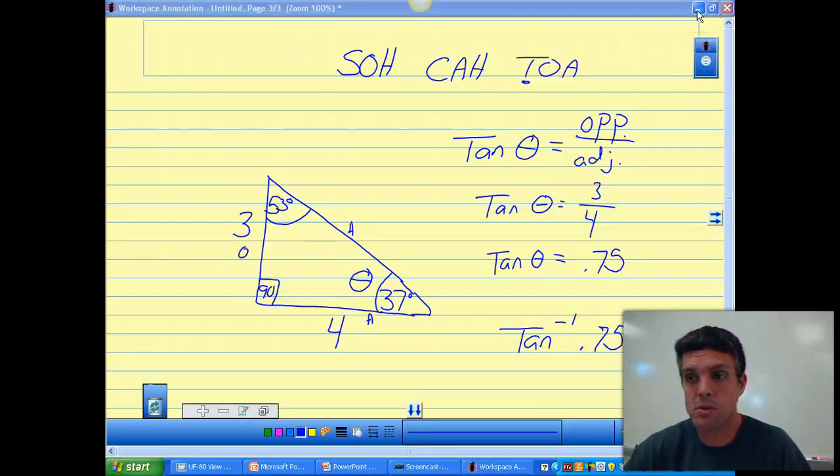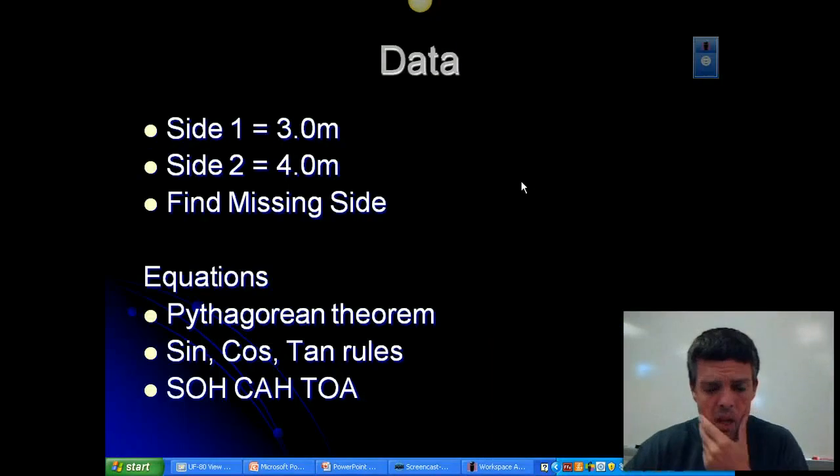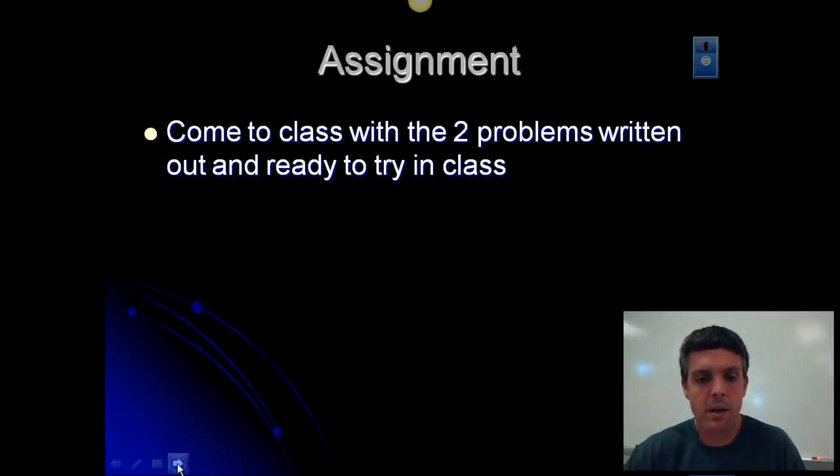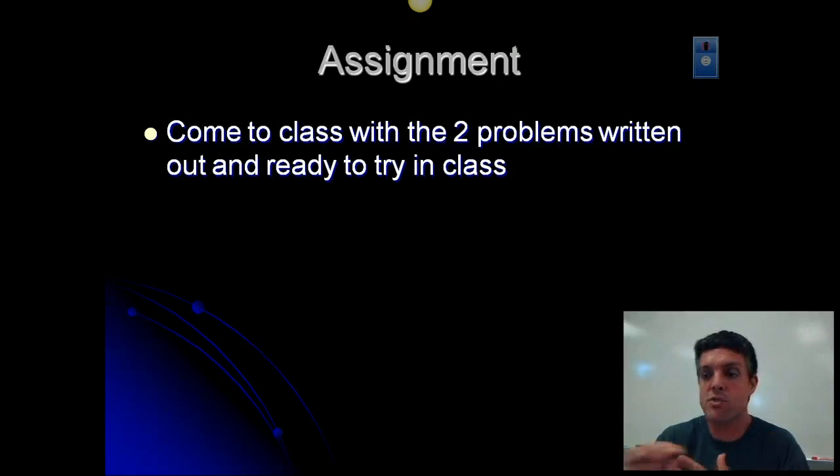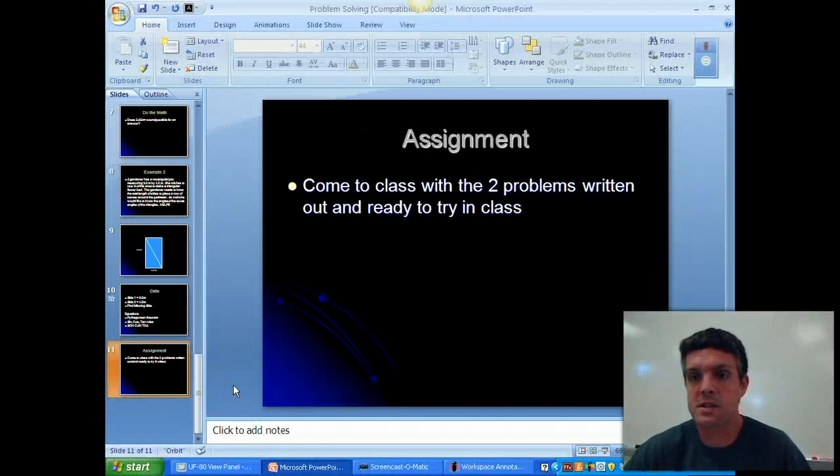I told you the other day when you were leaving, on Friday, to make sure that you have watched the screencast, and as well I would give you certain instructions, okay? Those instructions are this, all right? Come to class with 2 problems written out and ready to try in class, as well as the notes from the rest of this, okay? So not a real crazy assignment, is it?